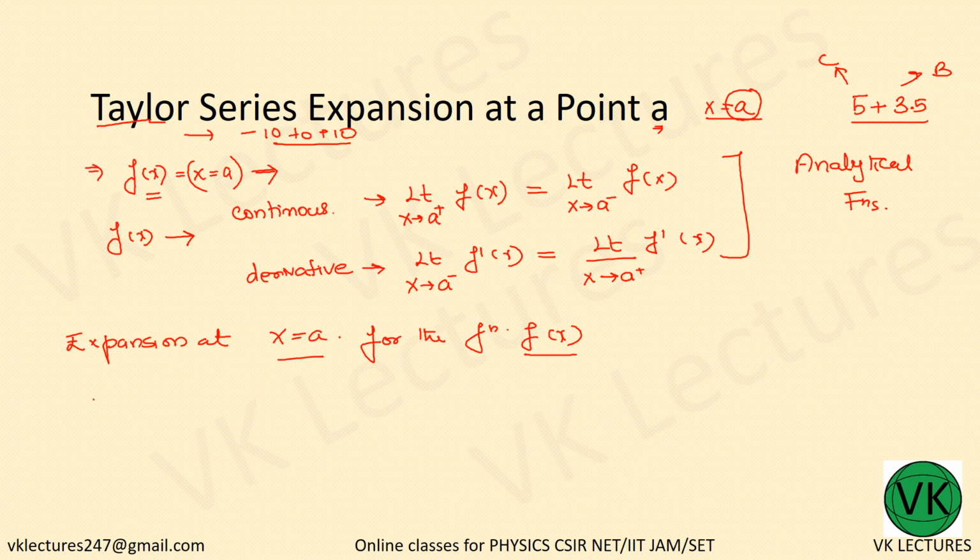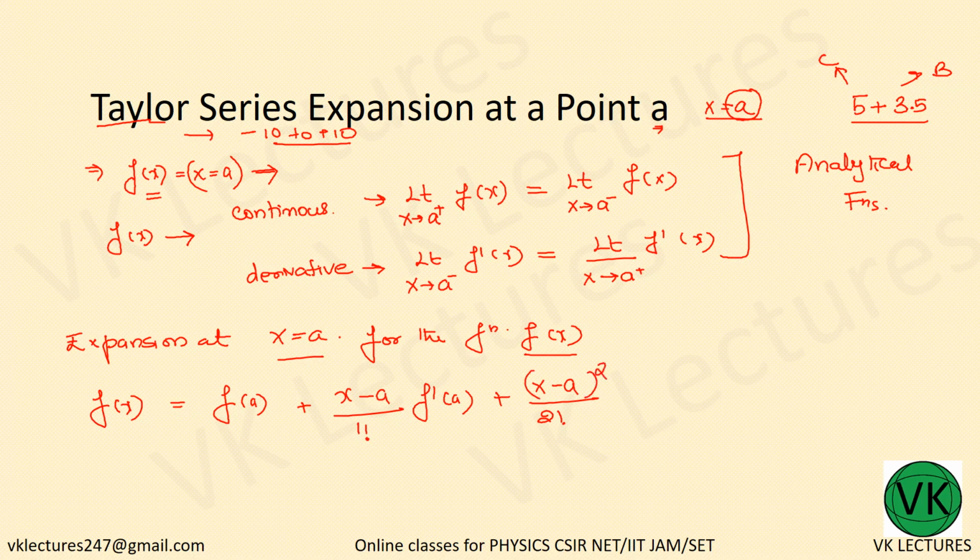So how can you write that? f of x is equal to f of a plus x minus a by 1 factorial into f dash of a, then plus x minus a whole square by 2 factorial into f double dash of a, plus the third term you could guess, x minus a whole cube by 3 factorial into f triple dash of a.